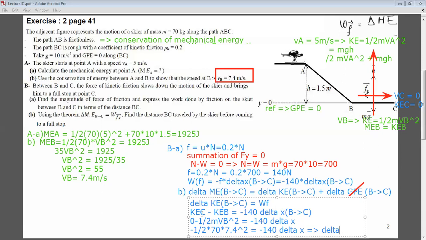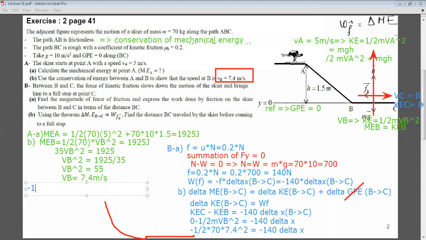So let me do the math for you here. What will we get? We have minus half times 70 times 7.4 squared. Using the calculator, minus 0.5 times 70 times 7.4 squared.